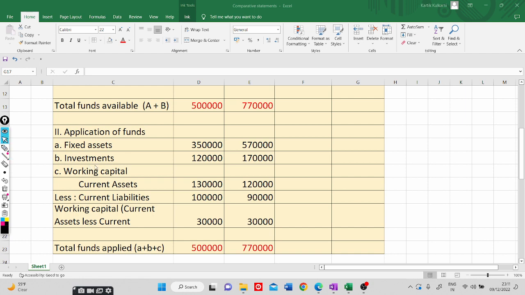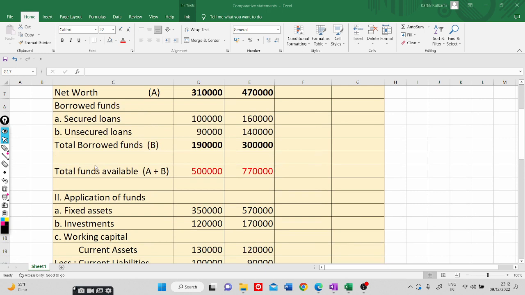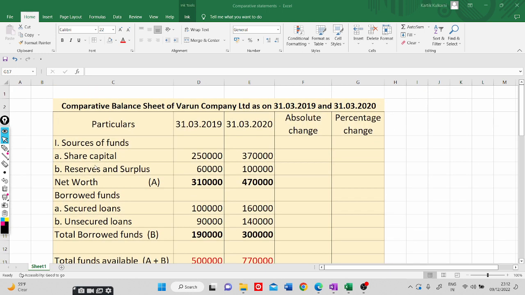Now, after writing this in the form of a vertical balance sheet, we will just find the change. If we see share capital, it was 2,50,000, which has changed to 3,70,000. So the change will be 3,70,000 minus 2,50,000, that is 1,20,000.